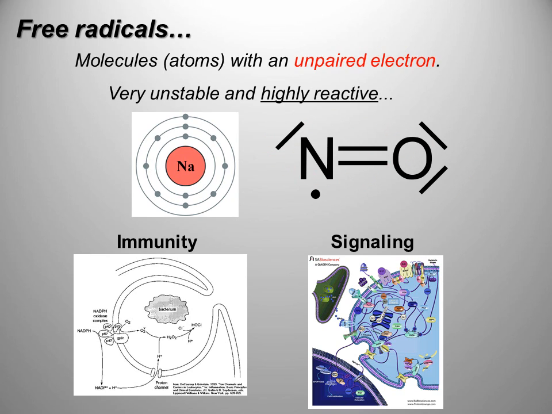So if we increase the nitric oxide on the top of somebody's head, that causes vasodilation, which can cause additional hair growth. So that's the role of free radicals. They're involved in signaling, they're involved in immunity, and they're used because they are reactive by their very nature.